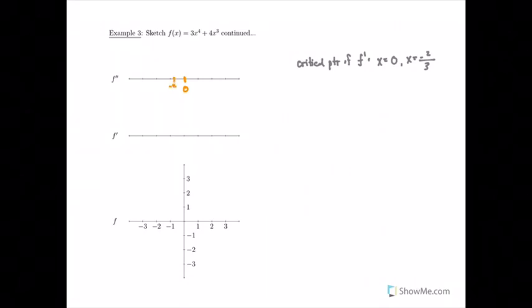So let's label that 0 and -2/3. And we had our critical points of f, x equals 0 and x equals -1. And we had x-intercepts of 0 and -4/3.